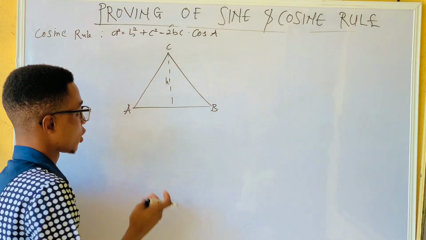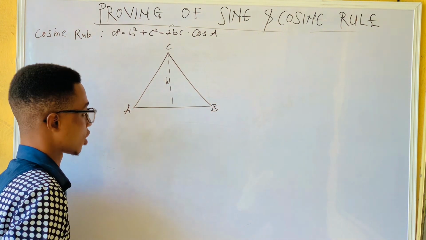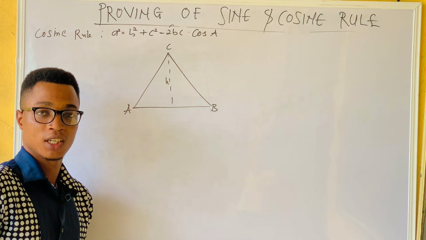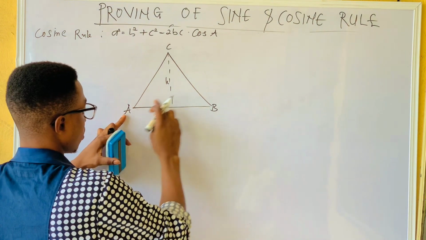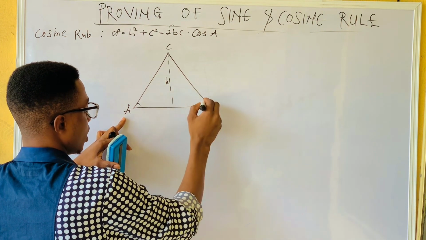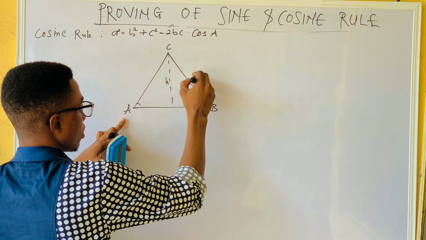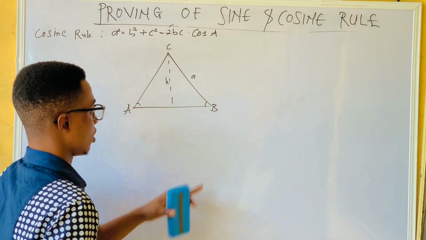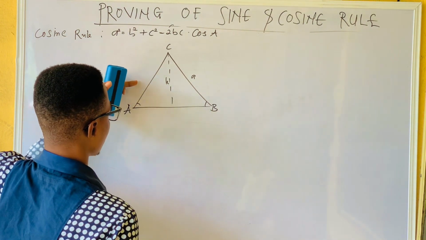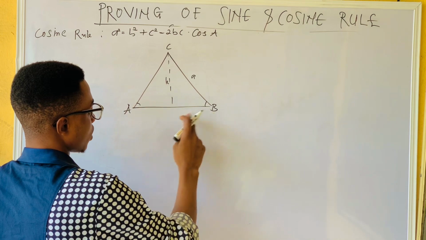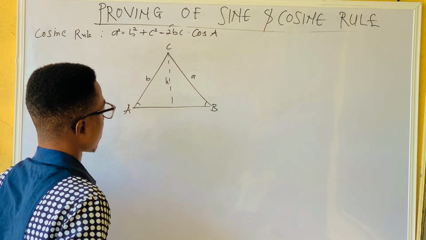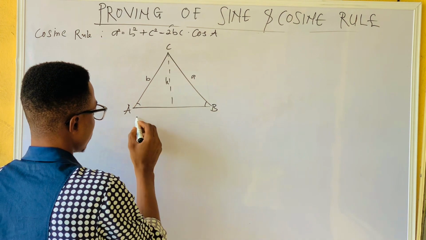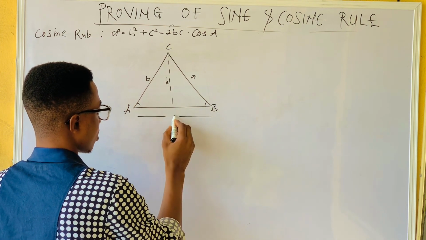We know that the corresponding side of a triangle will be denoted in a lowercase letter. So here is the corresponding side of acute angle A, we have the lowercase letter a. Here is the corresponding side length of acute angle B, we denote it as lowercase letter b, and this last part as c.